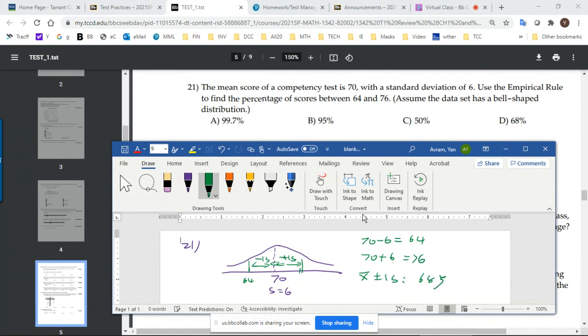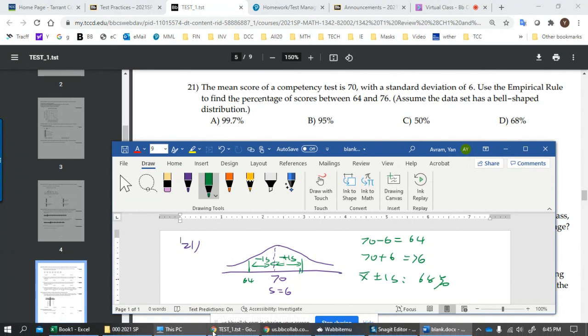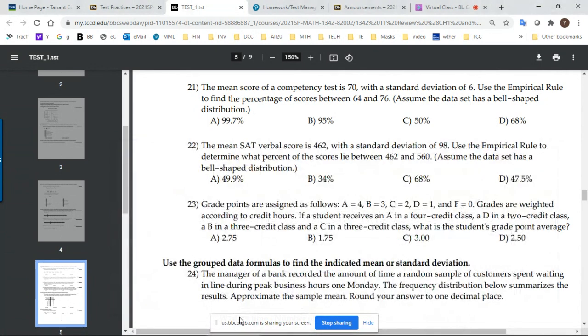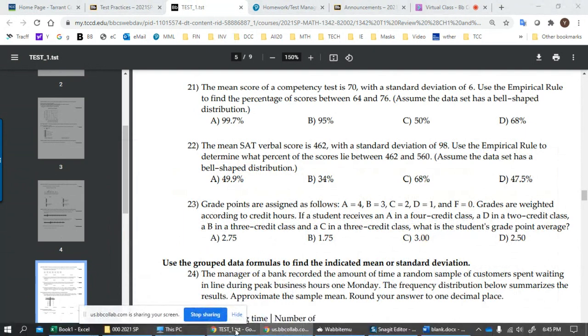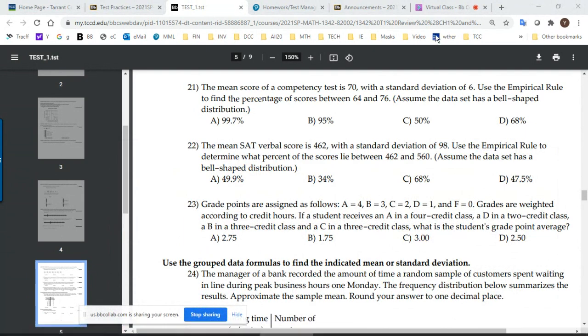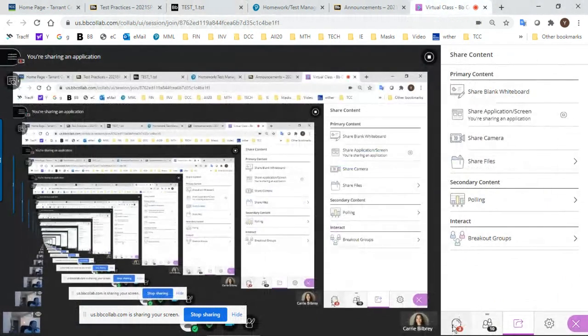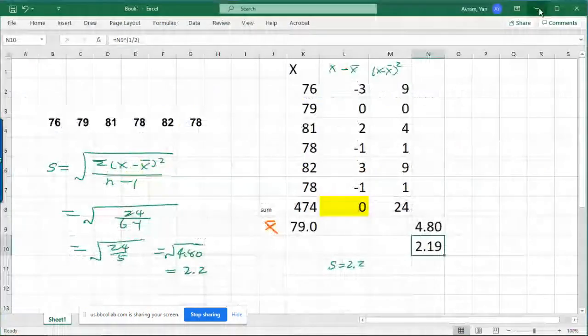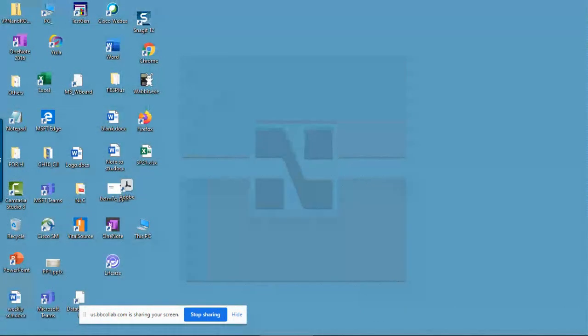That will give you how many percent? 68%. So the answer should be D, right? Okay, let's see how many of you got it right. Okay, all right, so yeah, 68% is the correct answer.